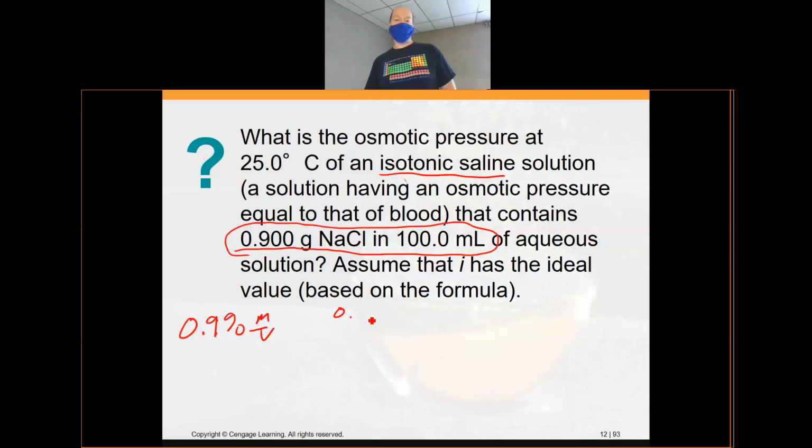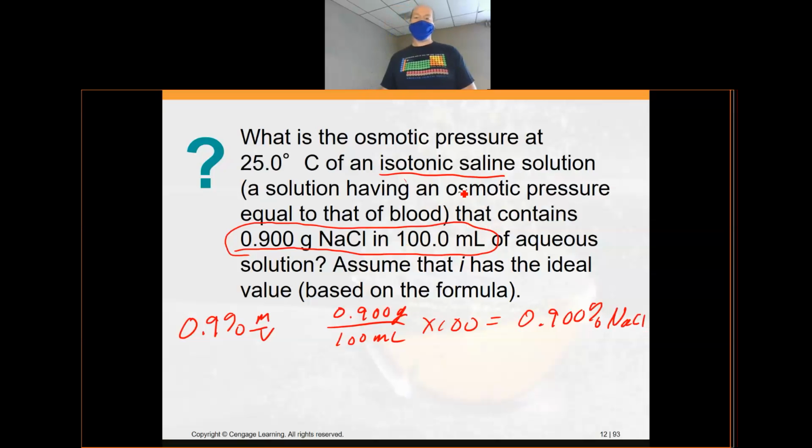So here we take our 0.9 grams and our 100 mL of water. When you do a mass volume percent, the mass has to be in grams, the volume has to be in milliliters, and then times 100, and you've got your 0.9% NaCl, which is your isotonic saline solution.